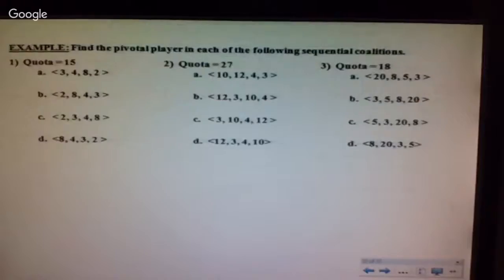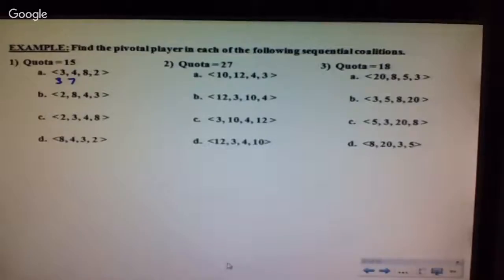Okay. So take a look at number 1. What is my goal to win? I need 15 to win. My quota is 15. So we start from left to right. Well, this is 3 all by itself. When I go ahead and add in 4, I'm now at 7.